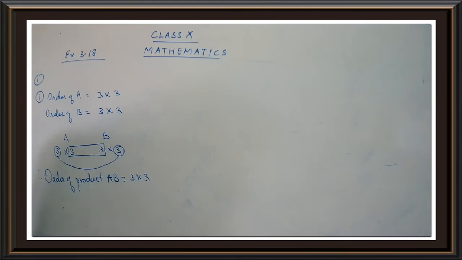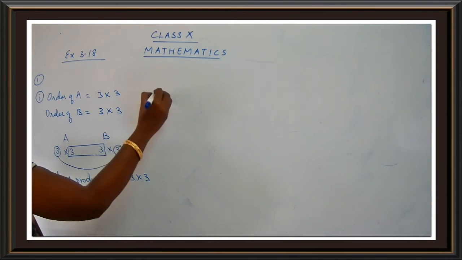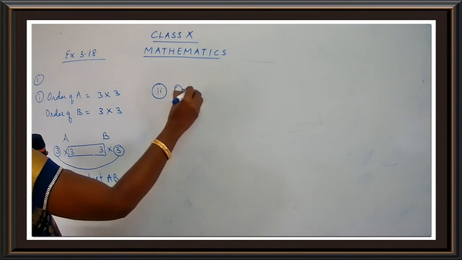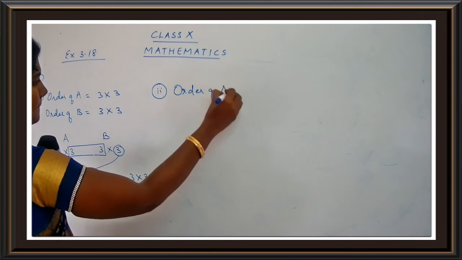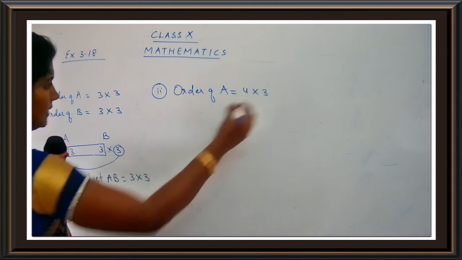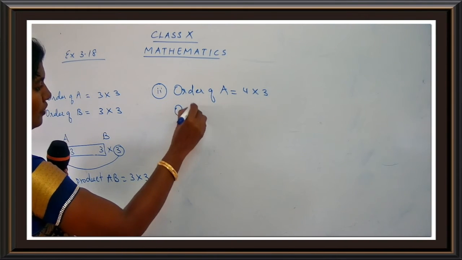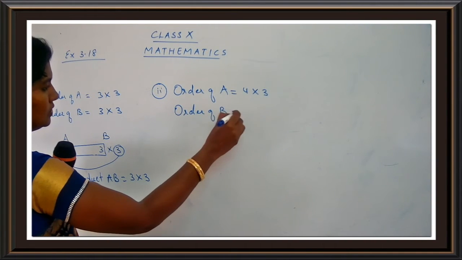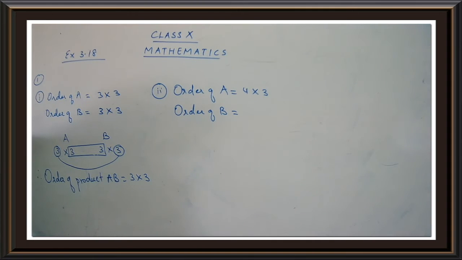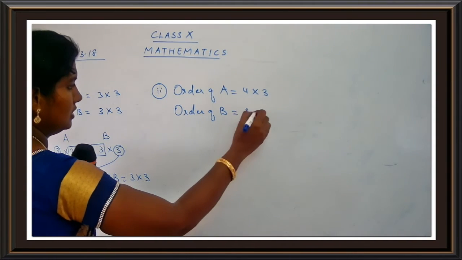Okay, take down the second sum. Order of A is equal to 4 cross 3. Order of B is equal to 3 cross 2. 4 cross 3, 3 cross 2.